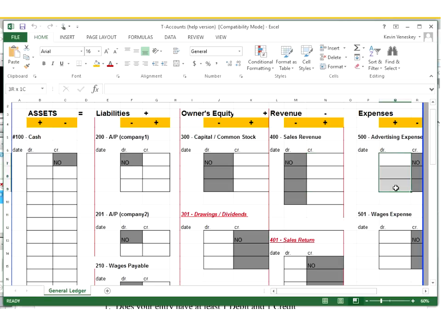And the same for expenses, we're always going to debit our expenses. It doesn't really make sense to have a negative expense. It's always going to be on the positive, a benefit to the business. So this is what I'm going to be referring back to as we do examples in our next video.